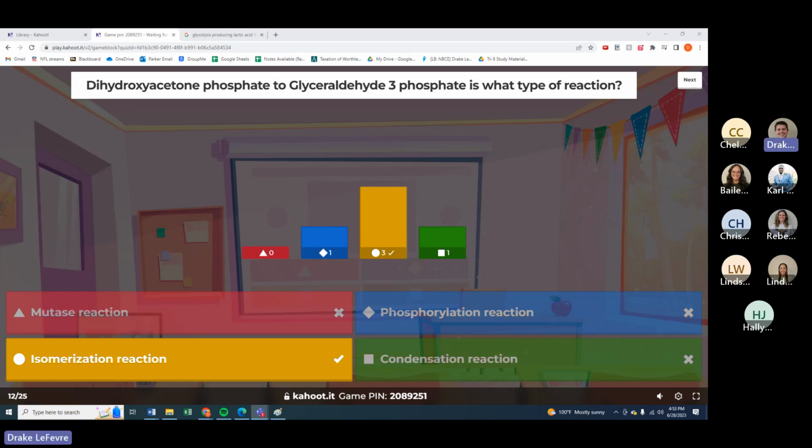That's awesome. Mutase and isomerase are very similar to each other, just knowing that a mutase changes the location of one functional group, whereas the isomerase can rearrange the whole structure of the molecule. Very good.